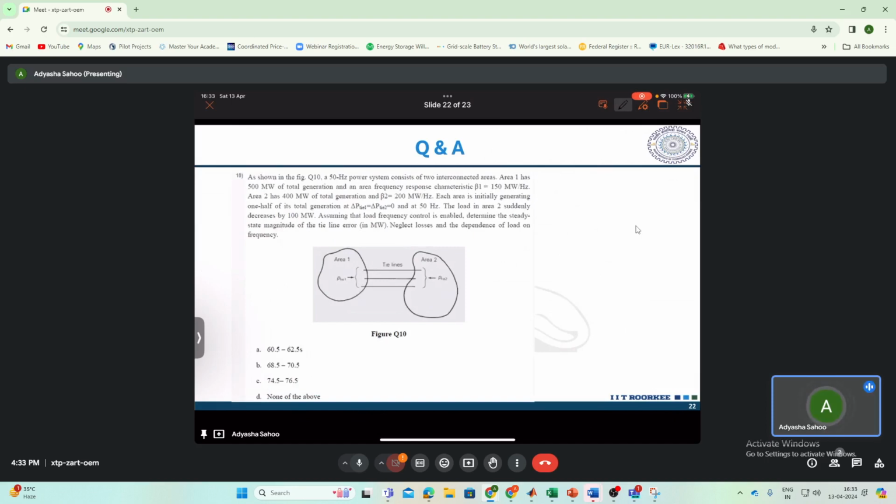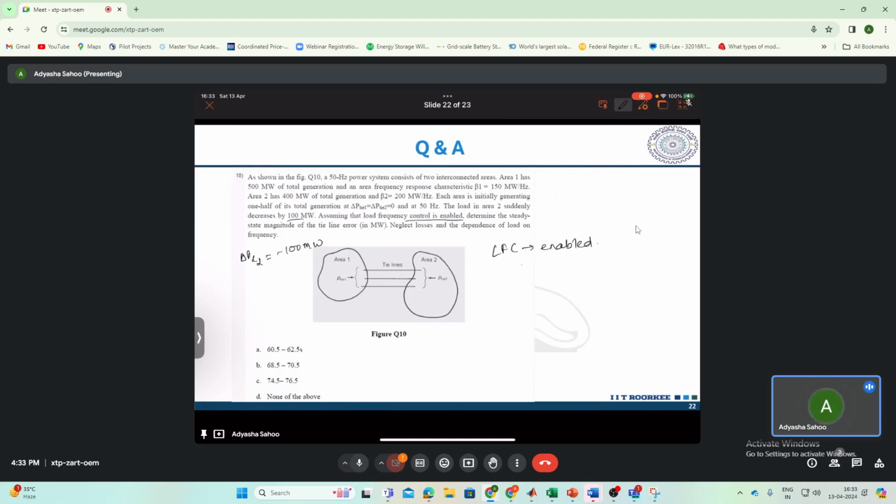Now next question. Here it is saying that the same load in area 2 suddenly decreases by 100 megawatt. So delta PL2 is minus 100 megawatt. Assuming load frequency control is enabled. So with LFC, you have a controller here.